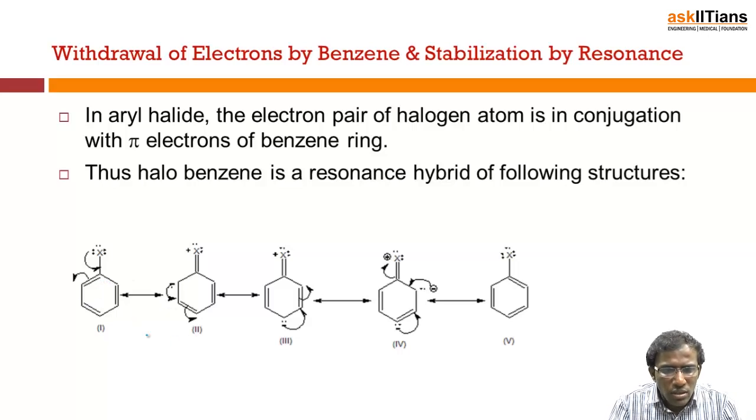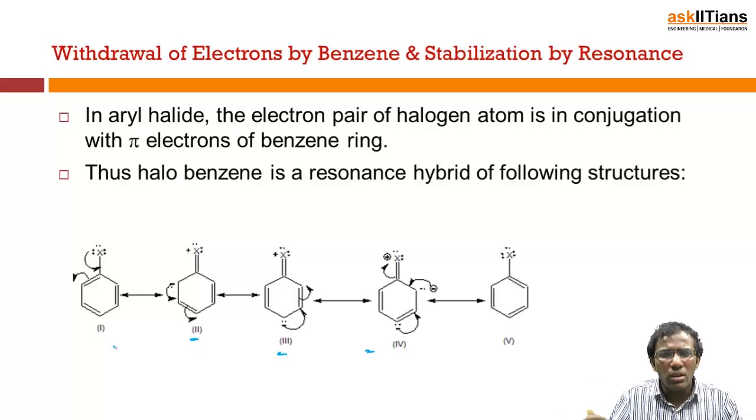When this lone pair comes in, this double bond shifts here. Structures 2, 3 and 4 are the resonance structures, and you can write the hybrid. Thus the actual halobenzene is the resonance hybrid of all the following structures.